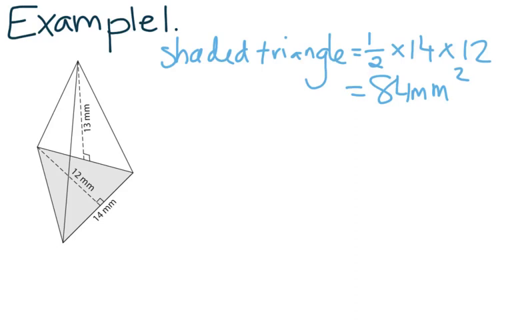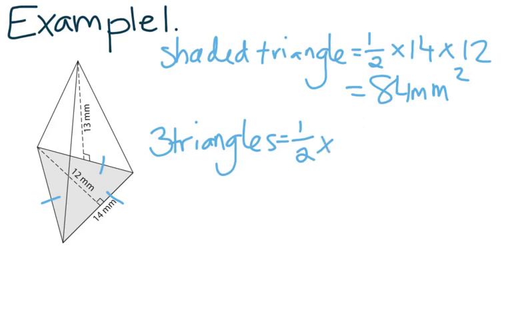Then we look at the other 3 triangles that go up to the point. Because this is an equilateral triangle where these 3 sides are the same length, each of those triangles going to the point are going to be the same. So for the 3 triangles, we will do base times height divided by 2, or half the base times the height. The base is 14, so it's half times 14, and the height of these triangles is 13.